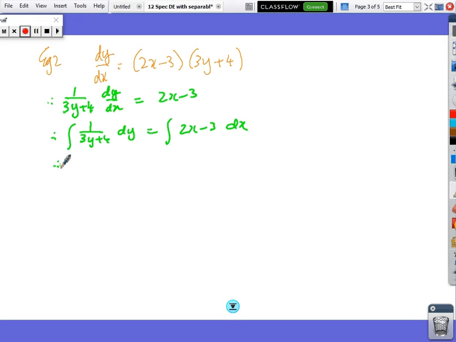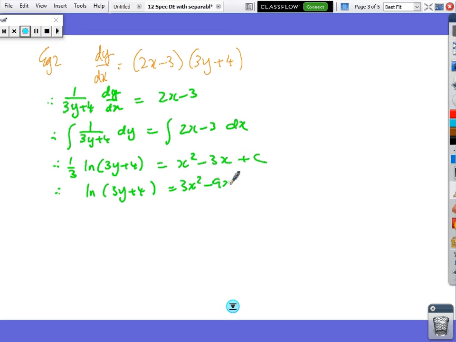On this side we've got a third log of 3y plus 4 equals x squared minus 3x plus the constant, multiplied by 3, so 3x squared minus 9x plus 3c. So 3y plus 4 equals a times e to the 3x squared minus 9x, where a equals e to the 3c.